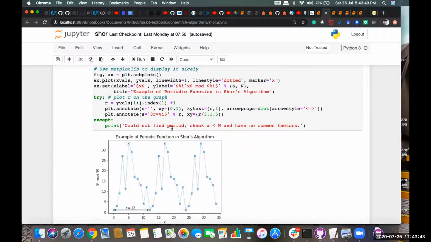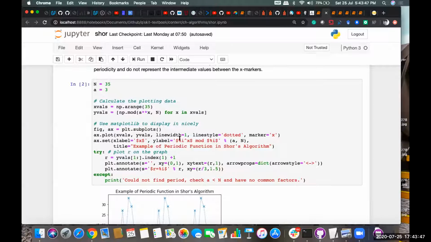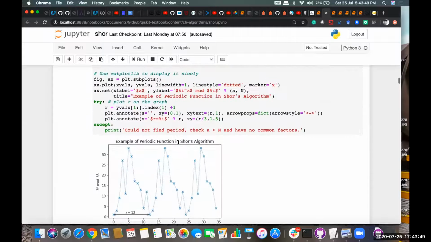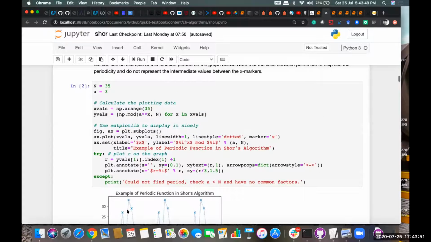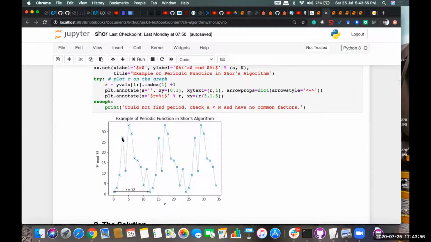Okay. So just to give a brief understanding of the period, here we have created random periodic values at a certain interval, and we are plotting it here. After plotting, you can see these waveforms here, right? And after each interval, we have marked some dots here. If you see, this pattern is getting repeated after the period of 12.